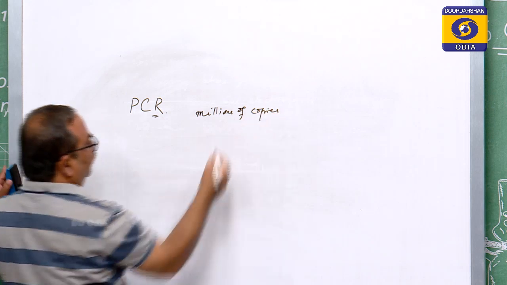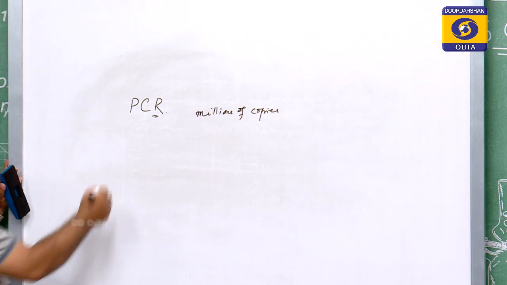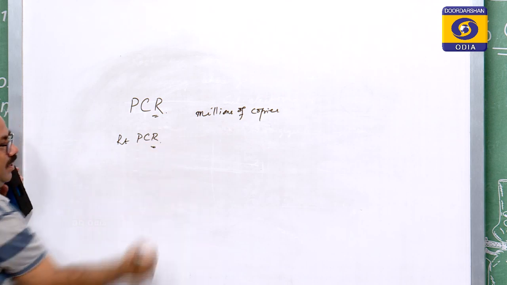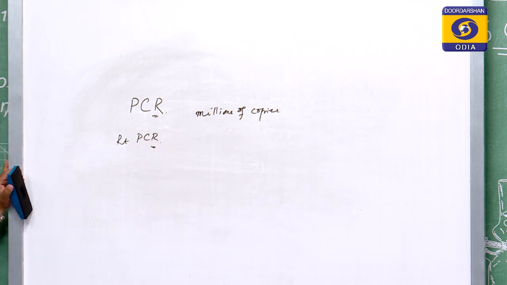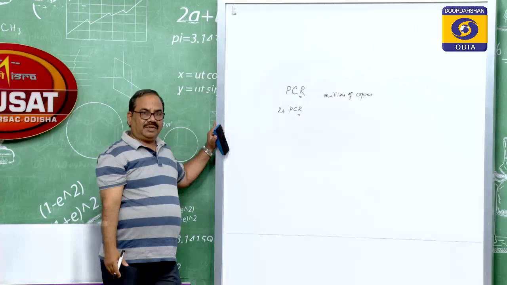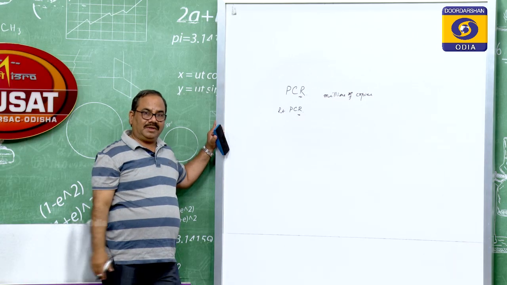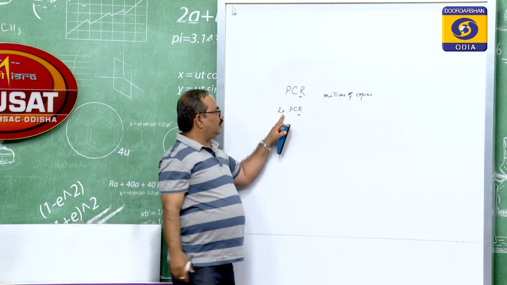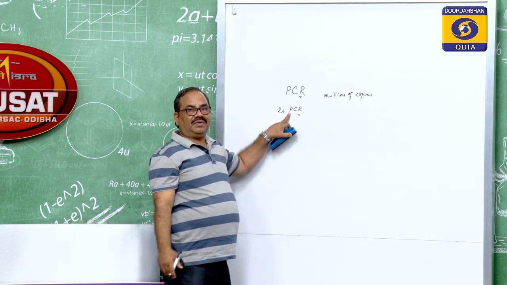of the desired gene. You must be hearing about one thing, the RT-PCR technique. Every day we hear it many times on TV. If anyone is going for a COVID-19 test, they are going for this RT-PCR, that is, reverse transcriptase PCR.